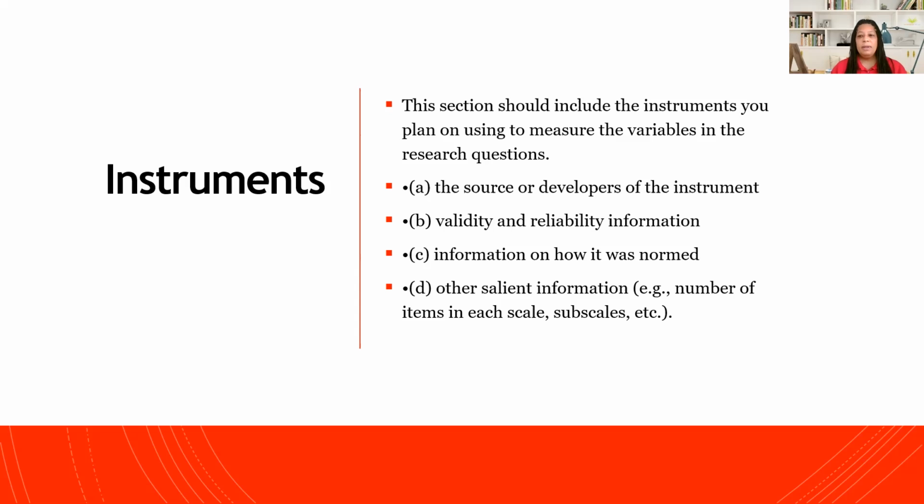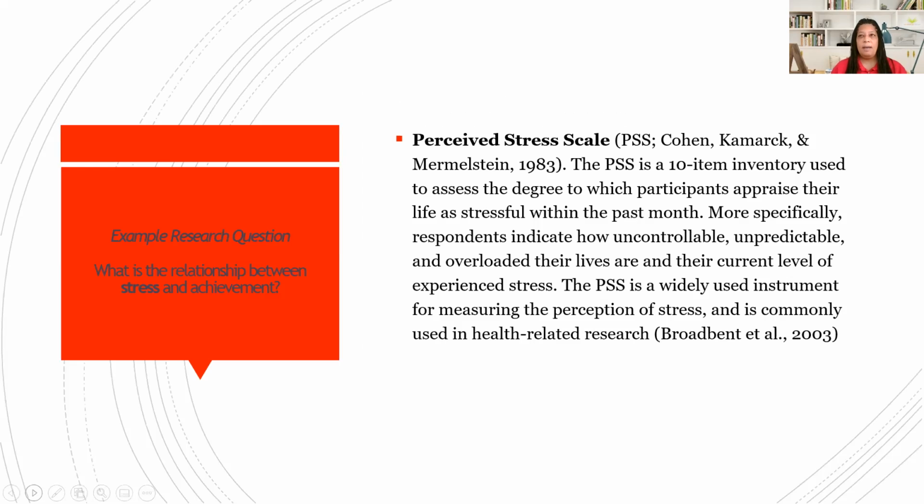In another example I gave, they used a particular assessment measure that has its own validity and reliability, which is why people are using it. Then the information on how it was norm referenced, and other salient information like the number of items in each scale, the subsets, etc. Those are all things that help to develop this chapter.